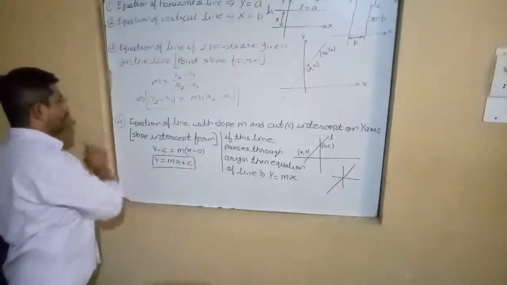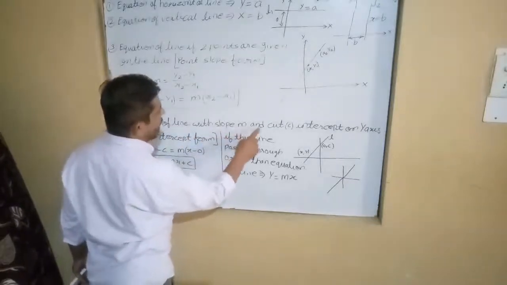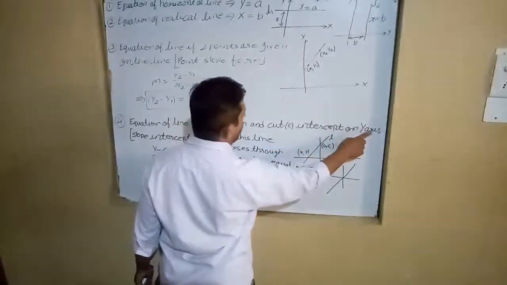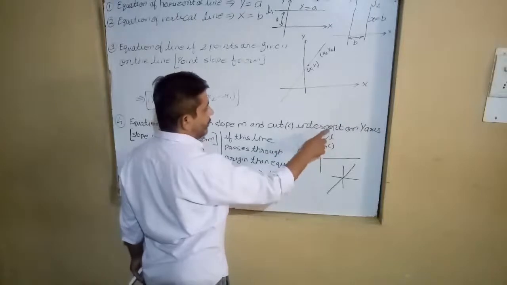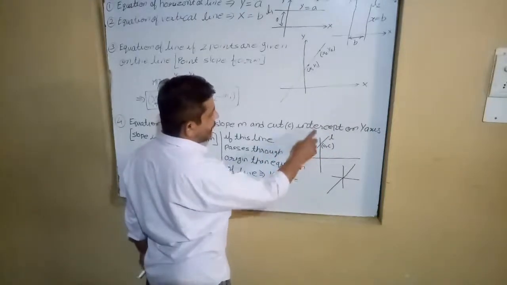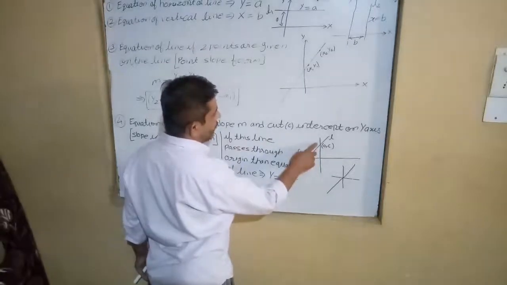Then fourth, the equation of a line with slope m and cutting an intercept c on the y-axis. Look at here. This is a line L which is passing through the point x, y and intercepts the y-axis at a point c.